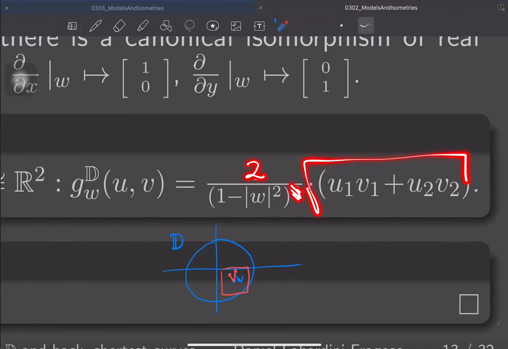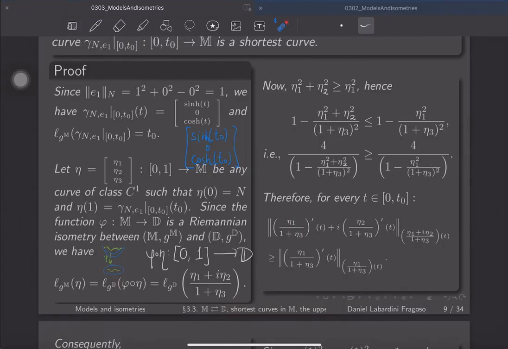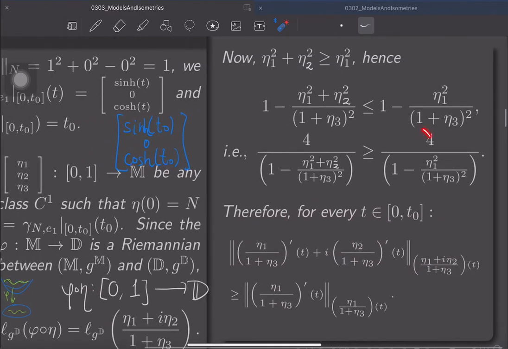So I go back to the other one, and I have to do that here, which is why I did this computation. There should be a 2 here instead of a 4, but it's still true. The 2 is the factor I have to multiply with the square root of this square plus this square.